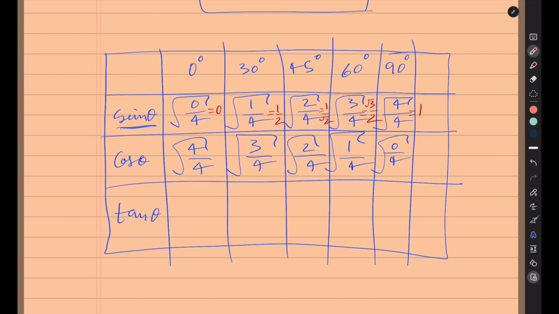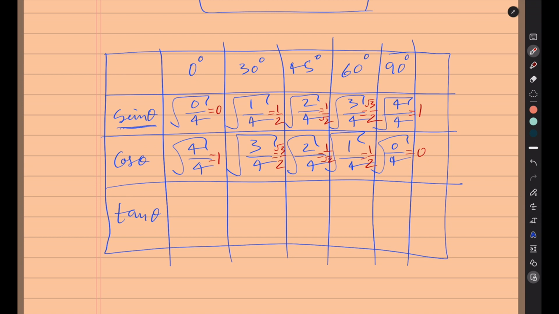And here it's 1, so sine 90 degree is equal to 1. And it's the same in the opposite direction, because we just followed the opposite direction. Just by doing some calculation, you can very easily find out the value of all these angles.